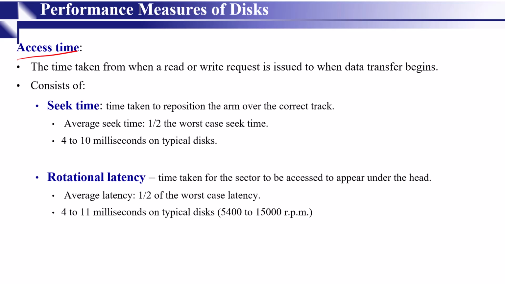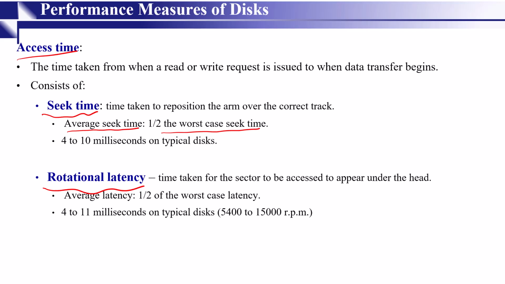It consists of two components: seek time and rotational latency. What is the seek time? Seek time is the time it takes to reposition the disk arm over the correct track. The average seek time is typically half of the worst case seek time, which is around 4 to 10 milliseconds on typical disks.